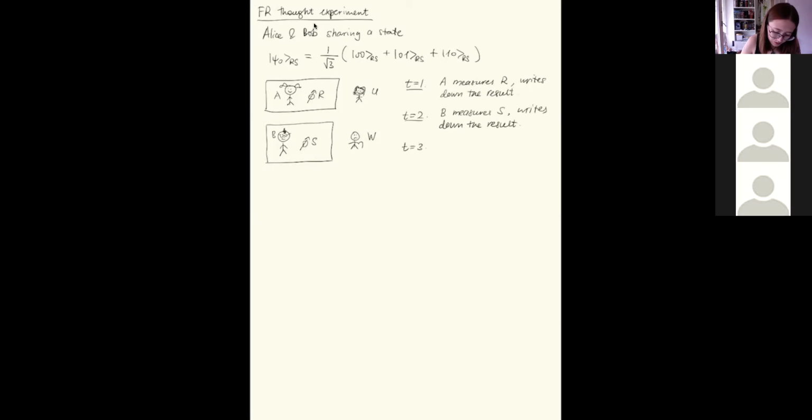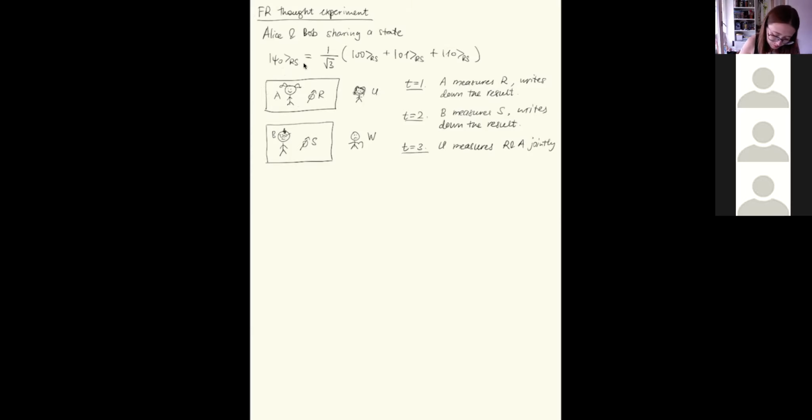At t equal 3, Ursula measures R and A jointly, so the whole lab here.